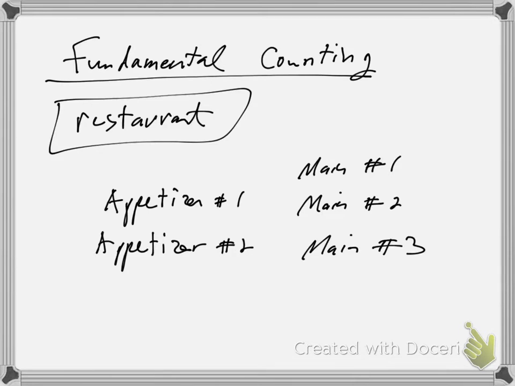So I have two possible appetizers. The question is, how many different full meals could I have?